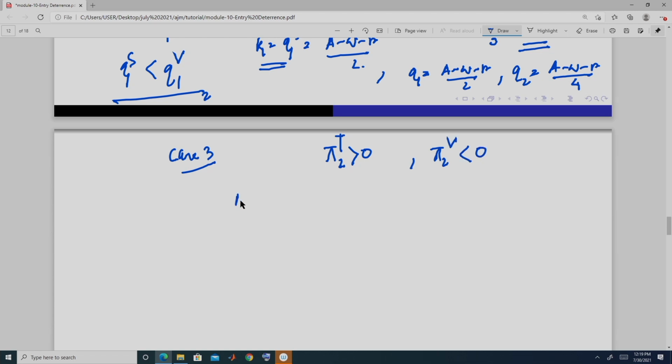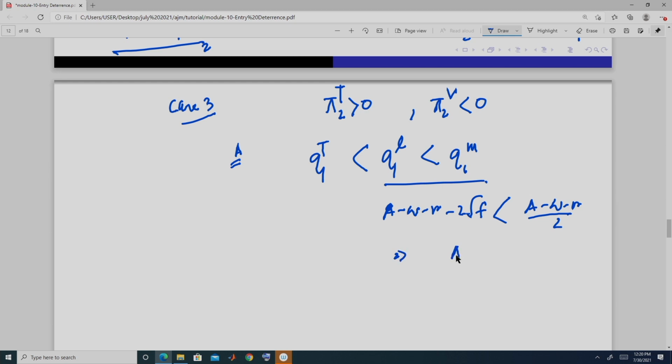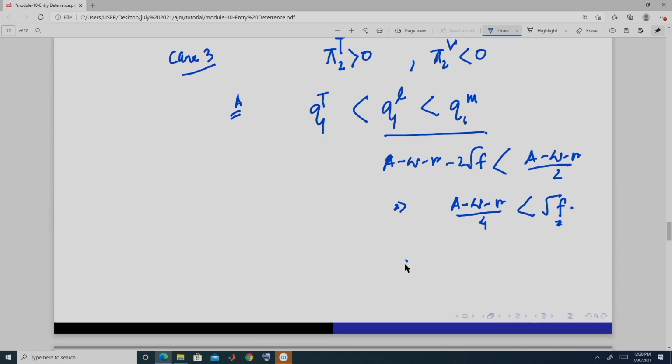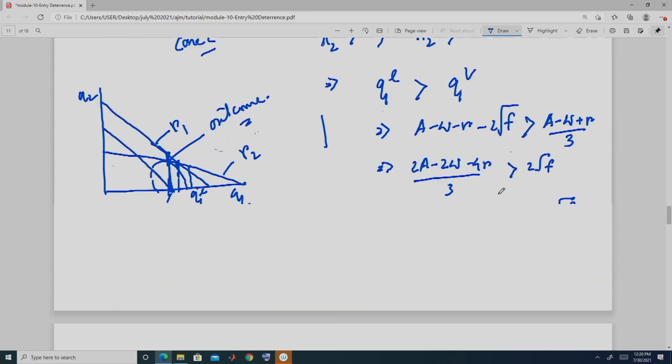So, in this case, the first case A, what we have is... so from this we get this, and from this we know then it is this outcome, just opposite of that.